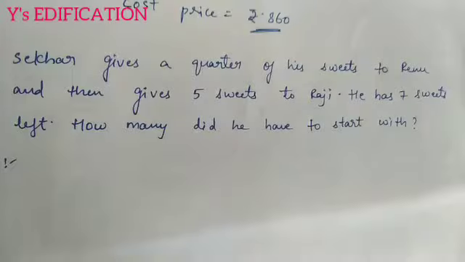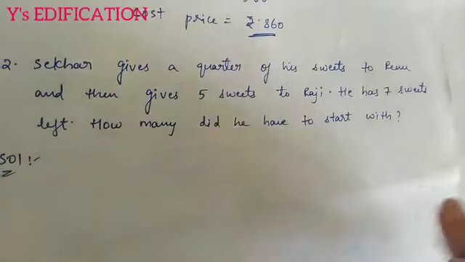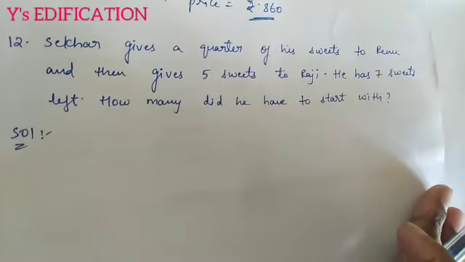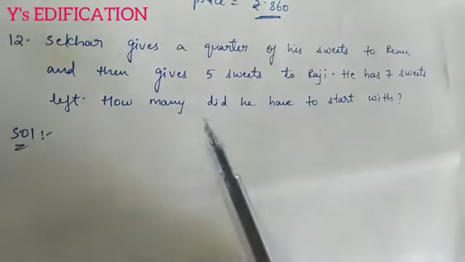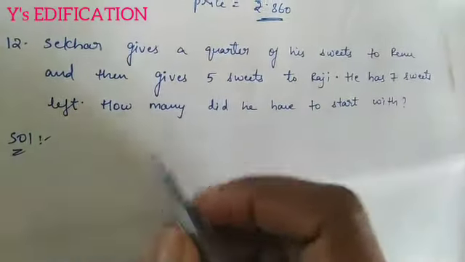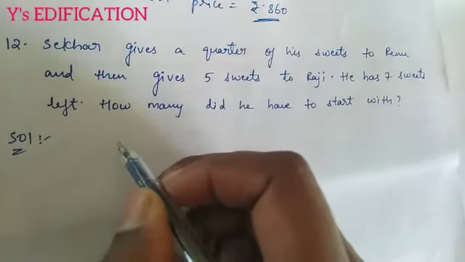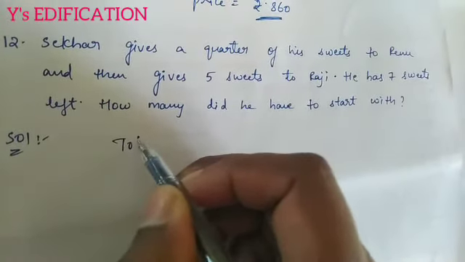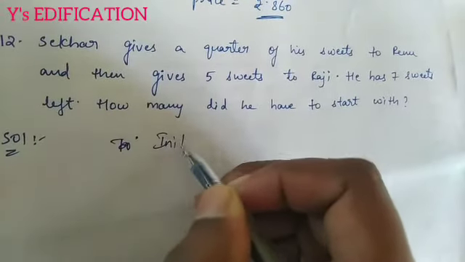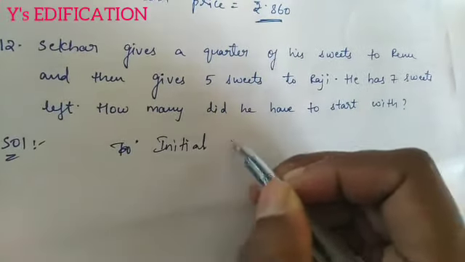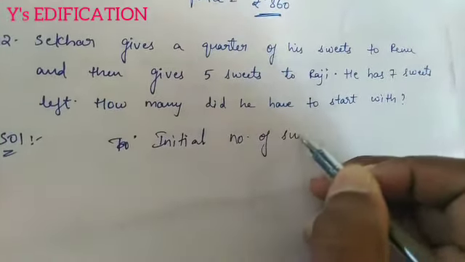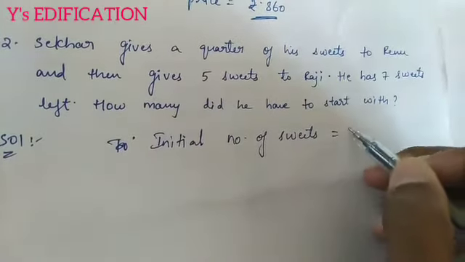Okay. Next one. Shekhar gives a quarter of his sweets to Renu and then gives 5 sweets to Raji. He has 7 sweets left. How many did he have to start with? So let us take the initial number of sweets is equal to x.